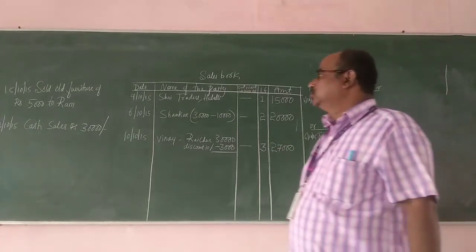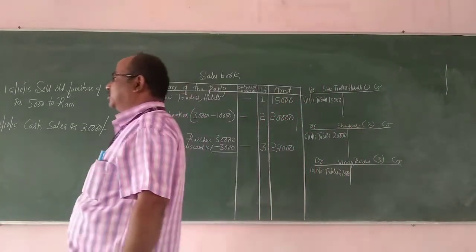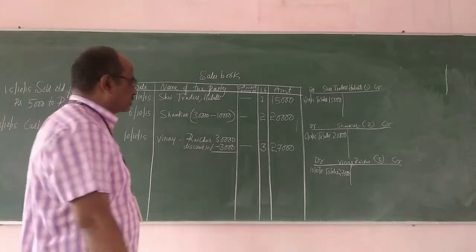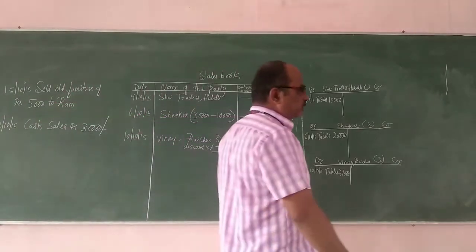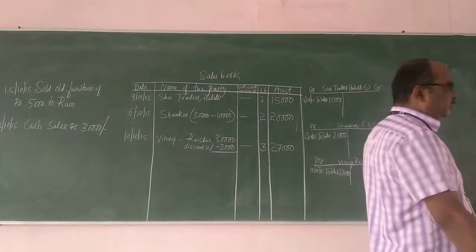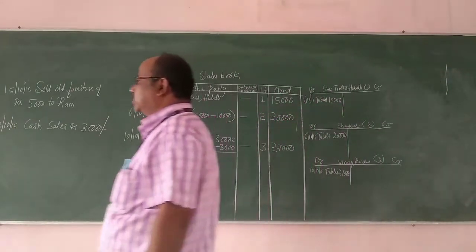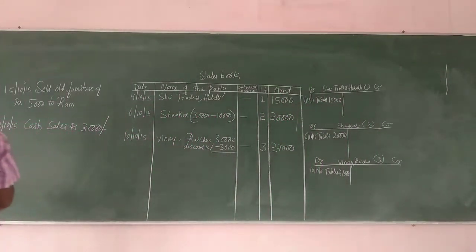Now this transaction cannot be recorded in the sales book because it is cash sales. Goods are sold for what? Cash. So this transaction cannot be recorded in the books. So let us take one more transaction.